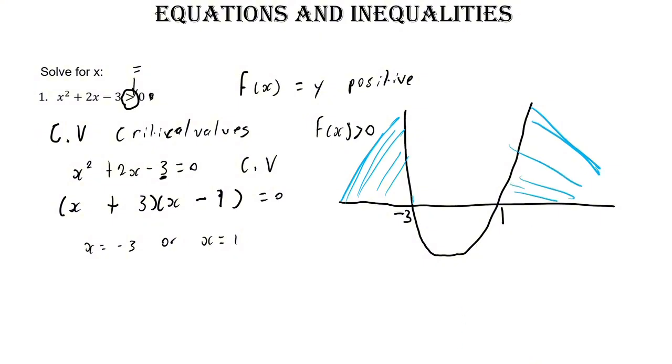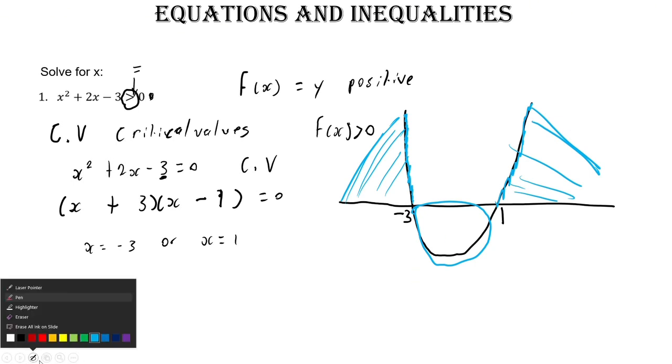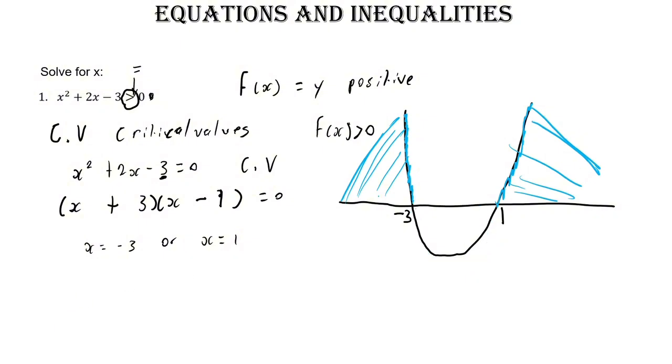Because in this region, all y values over here and all y values over here will be positive. But if we look in this region over here below the x-axis, the y values will be negative. So we're not looking for that. We're looking for where the graph is positive.